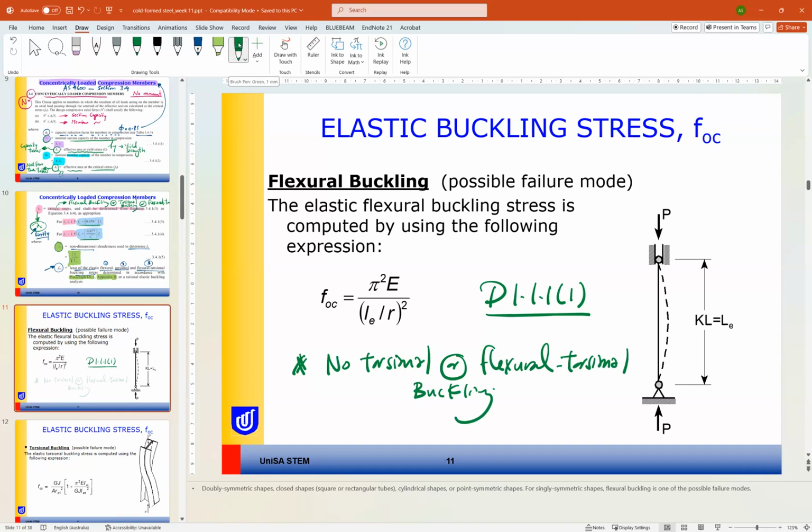So if you have the appropriate restraint to prevent torsional buckling and flexural torsional buckling, your FOC will be using this formula here.